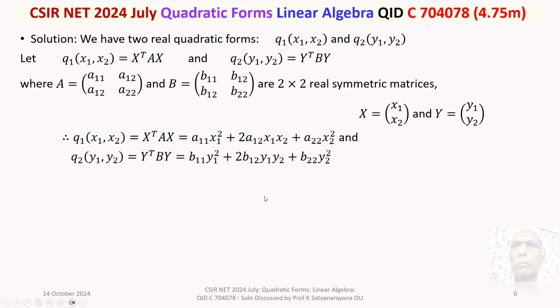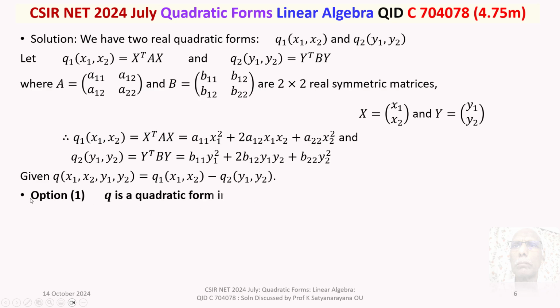It is the second quadratic form. It is defined that Q of the quadruple (x1, x2, y1, y2) is equal to Q1 of (x1, x2) minus Q2 of (y1, y2).